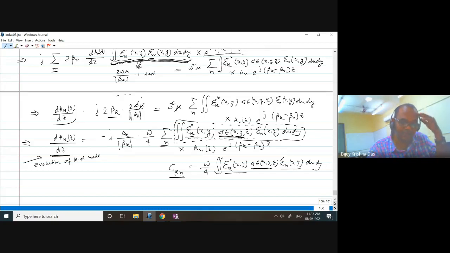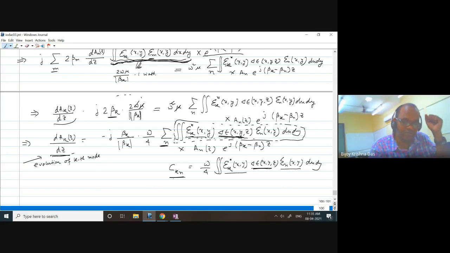Ckn actually defines the so-called coupling. We can call this a coupling coefficient between the kth mode and nth mode. That measures this evolution dak by dz.